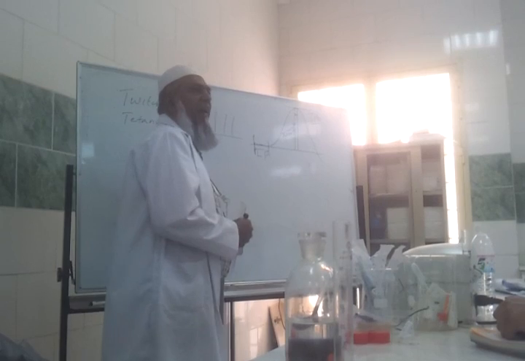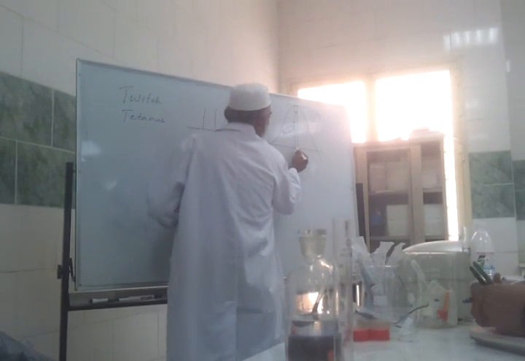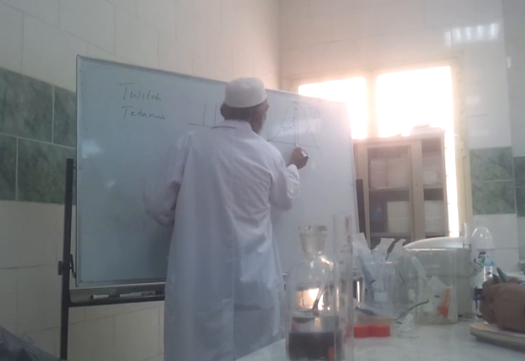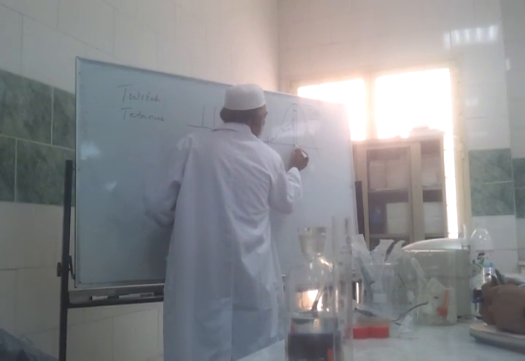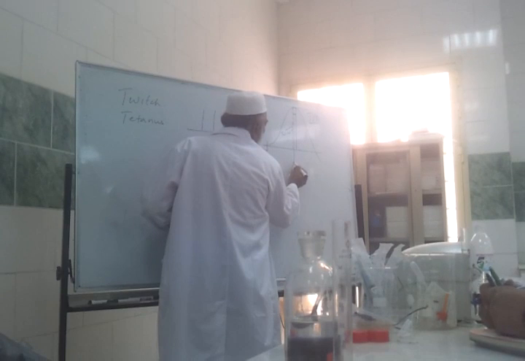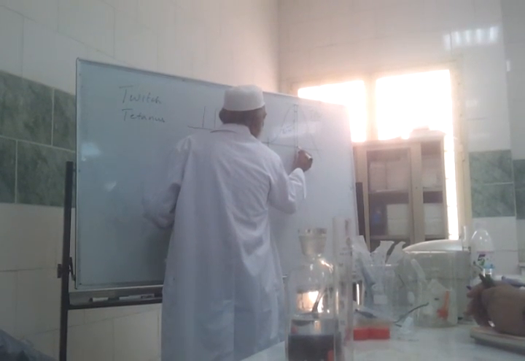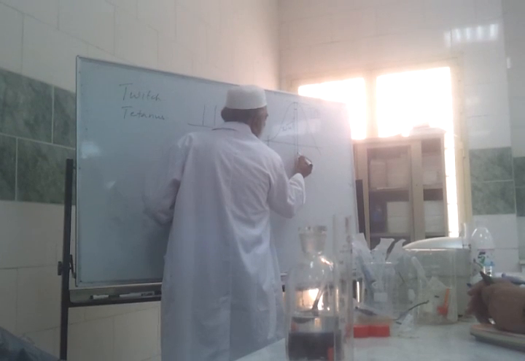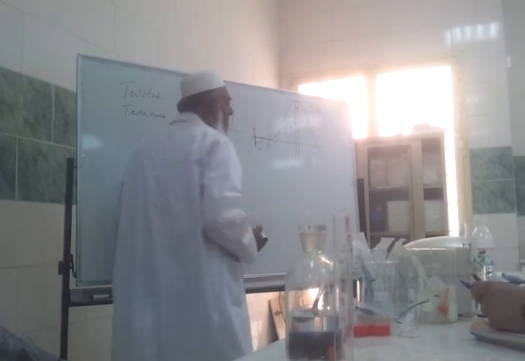Then come to the baseline again, and at the baseline this is the first line of the twitch peak duration. So extend this line down, and this is the second line of twitch peak duration, also extend it down.